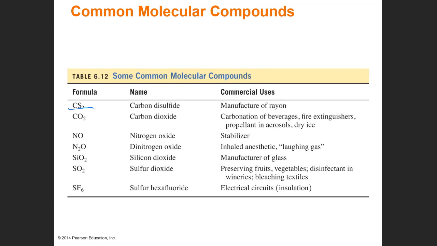Okay, CS2, carbon disulfide. CO2, carbon dioxide. Oh, I forgot to mention, the ending does change for the second element. NO, nitrogen oxide. You could also call it nitrogen monoxide. That's perfectly fine.